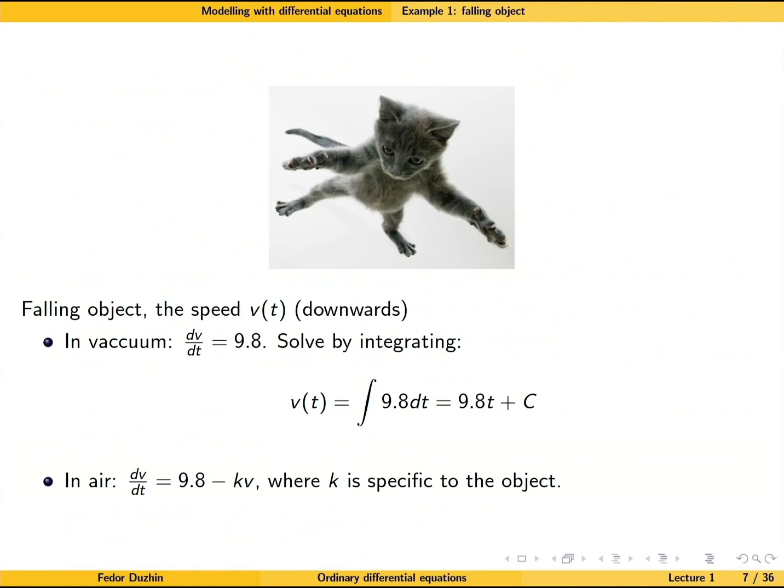What we can do is this: the higher the speed is, the more air resistance, right? So the reason for including this term is that higher speed v implies more air resistance.